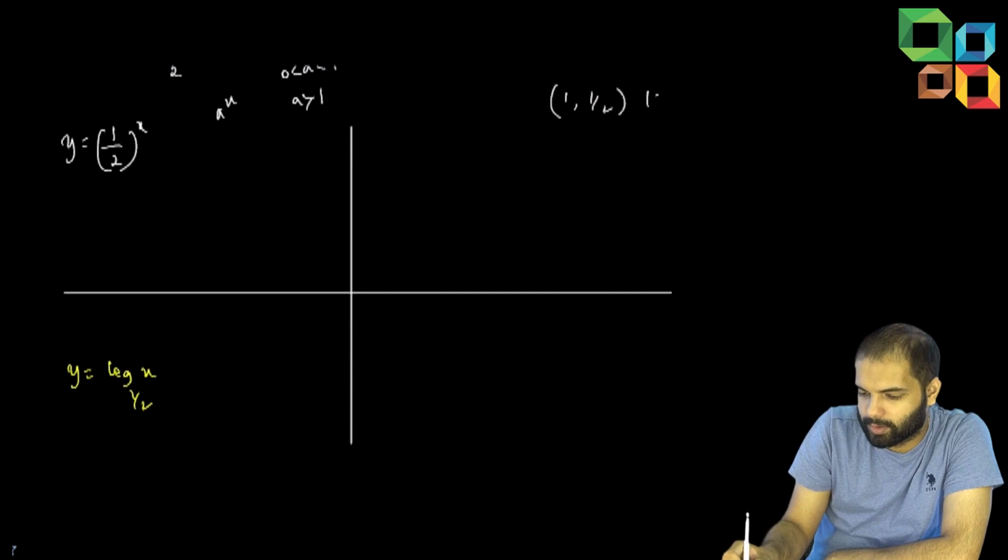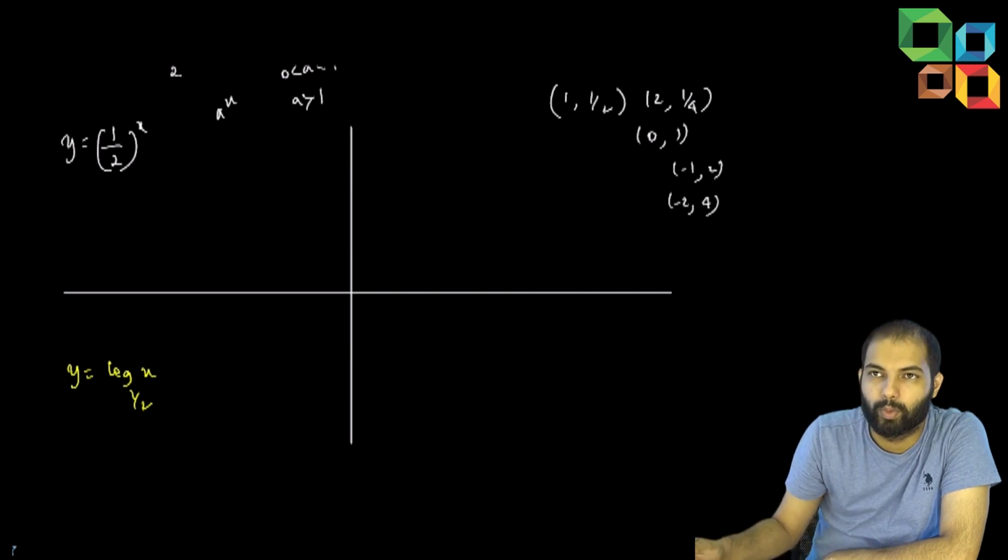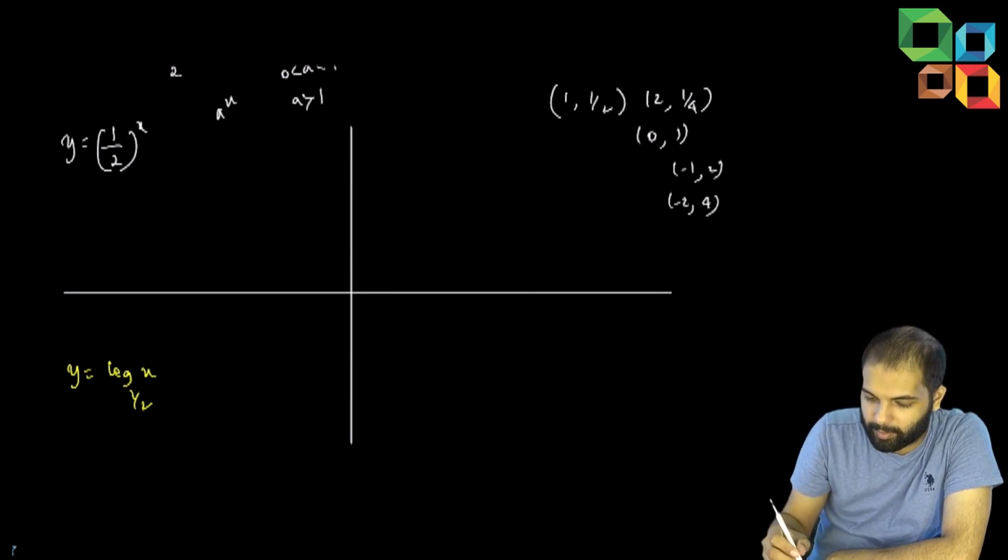Say when x is 2, y is 1 by 4. A common point would be x is 0, y is 1. I have a negative value just to check. When x is minus 1, this is half power minus 1, which is 2. When x is minus 2, this is 4. Just rough examples. At 0, it is again 1.